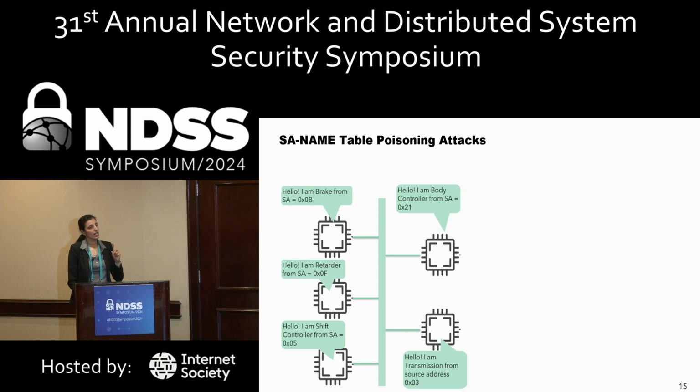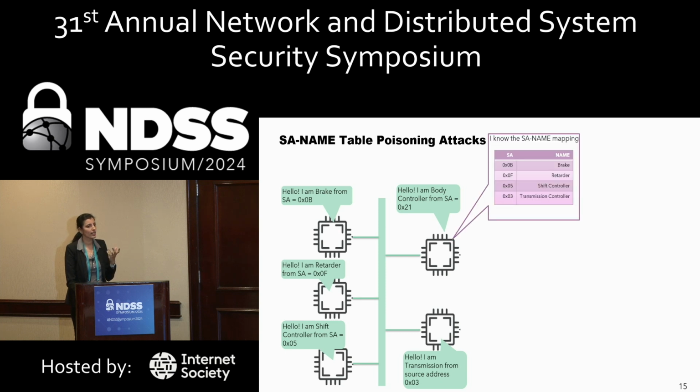The next attack we have is the source address name table poisoning attack. Any receiving controller application that receives an address claim message is supposed to compare and record the claims and build a source address name association table.